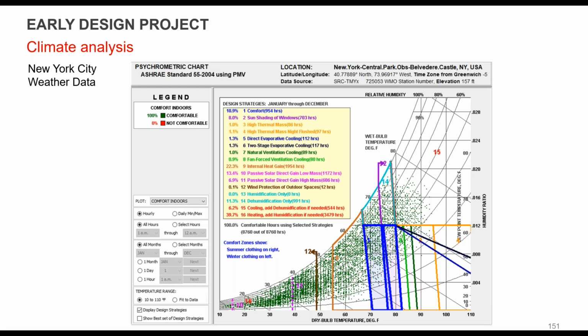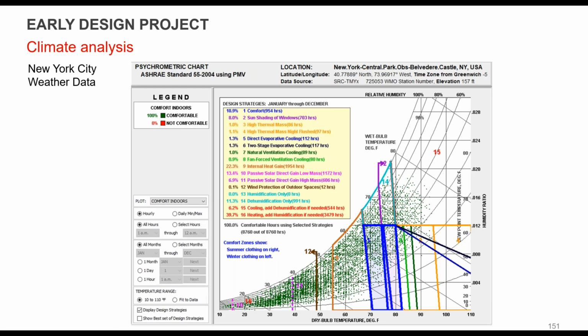One of the things they did was climate analysis. This is the climate tool, showing plots across the year, the hours. This is using Standard 55, which is a comfort condition, and it's showing that the hours in the middle, in the blue, are going to be in the comfort zone, and some shading is going to give us almost 20% of that.